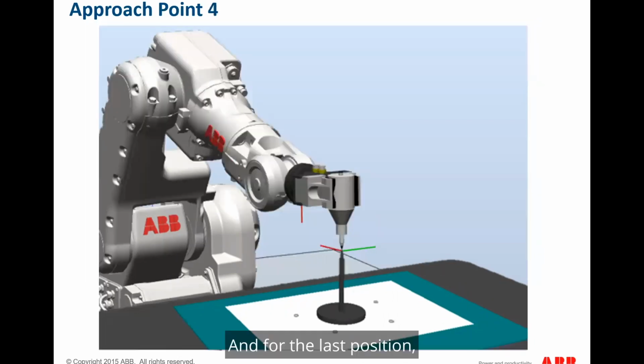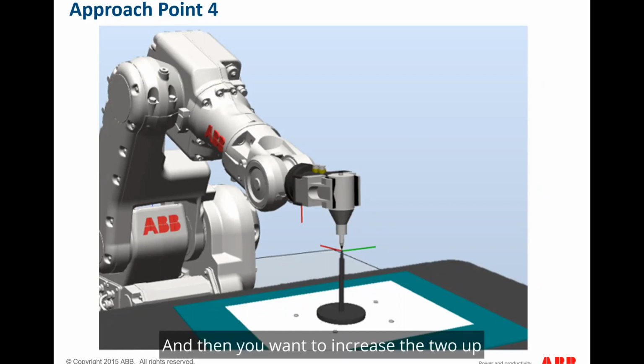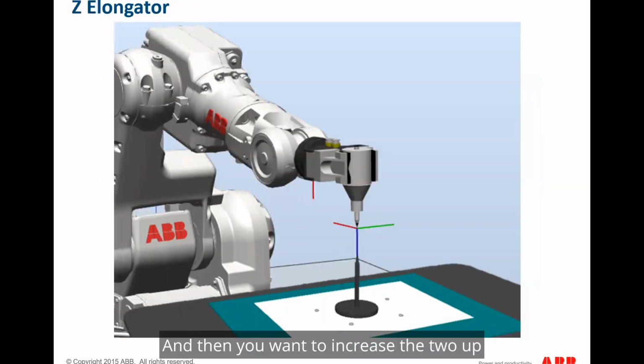And for the last position, that is position 4. This should be up and down, and also touching as close as possible to your reference point. And then you want to increase the tool up about 1 inch or 1.5 inch.